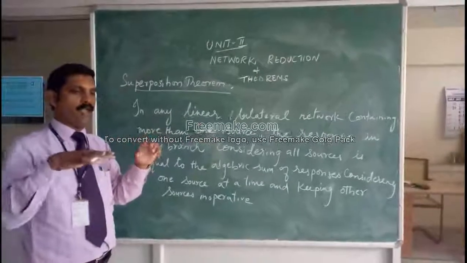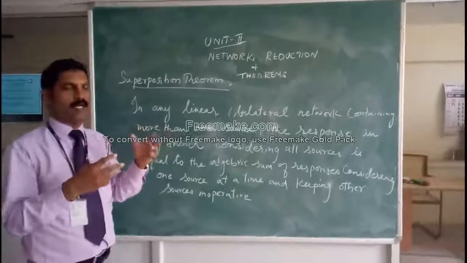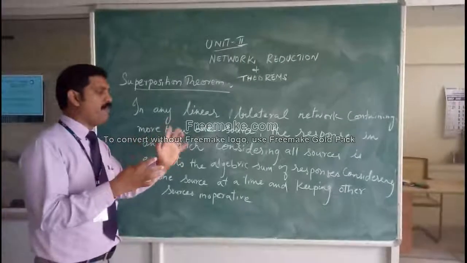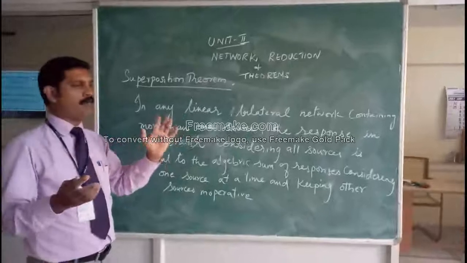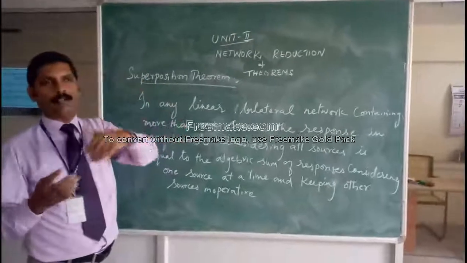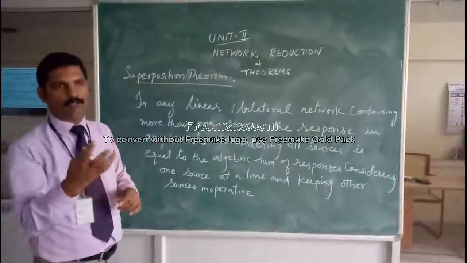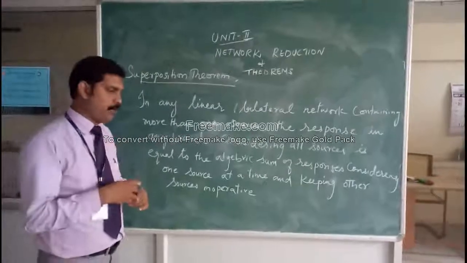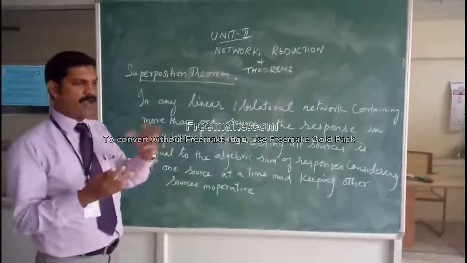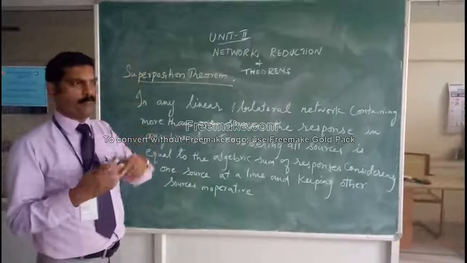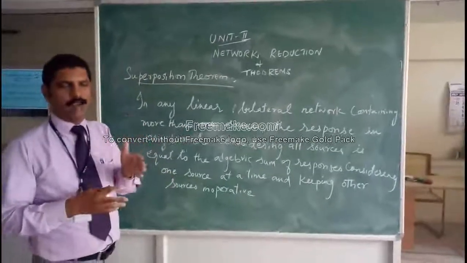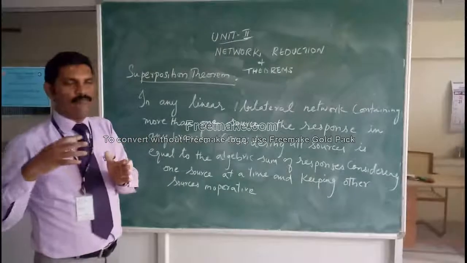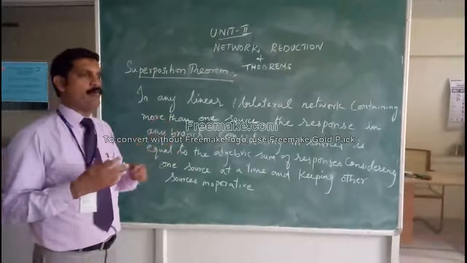For example, if you have two voltage sources, we can make V1 active and V2 inoperative, and find the current flowing through that particular branch using any method, like mesh loop method or nodal method. Similarly, we can find the current through the same branch by making V2 operative and V1 inoperative.